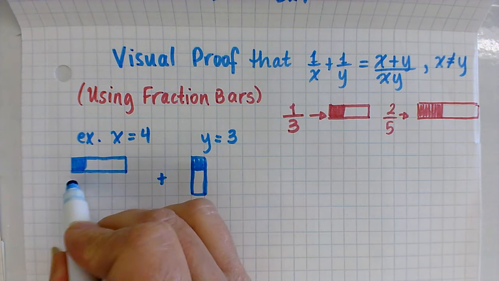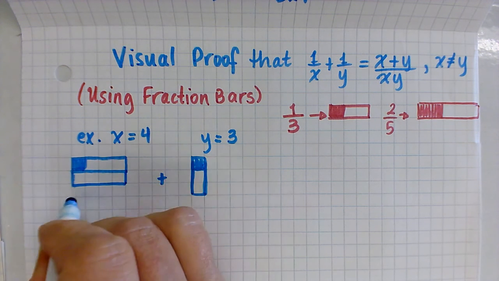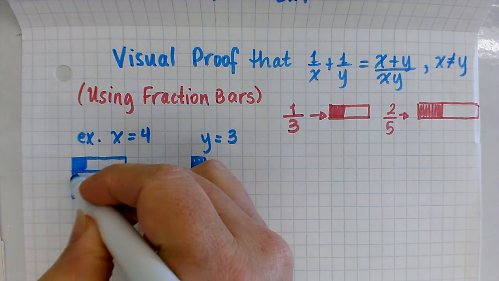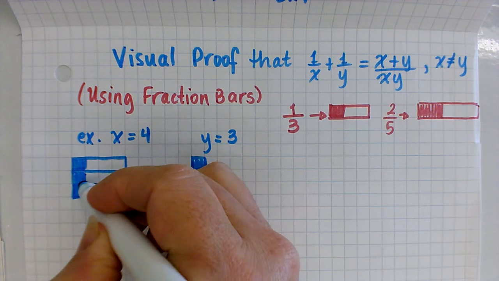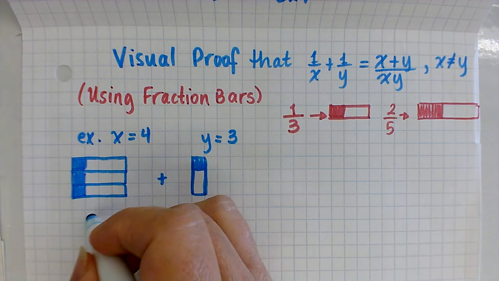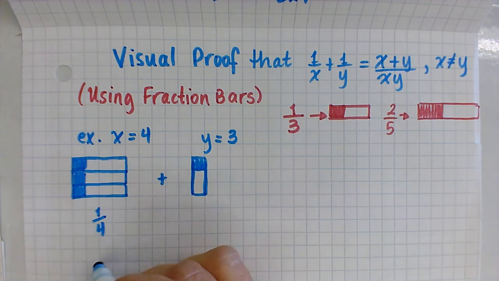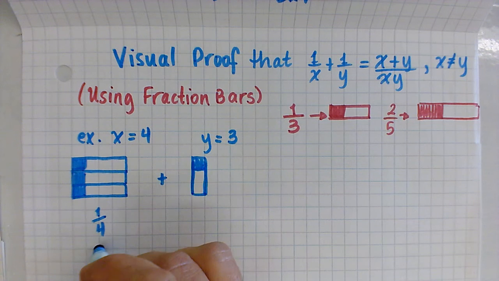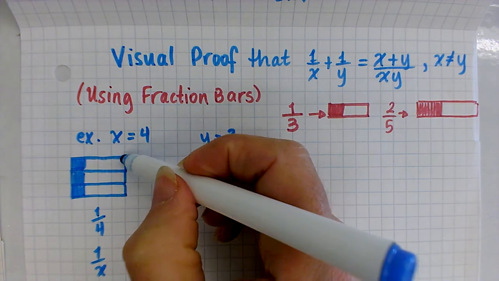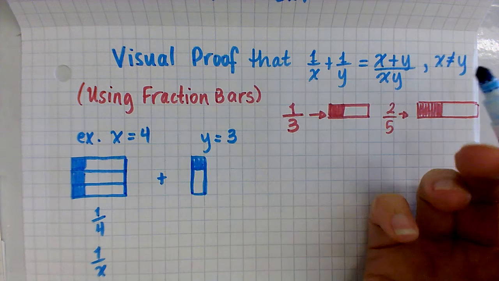So if I duplicate the 1/4 a couple of times, like this, I still have a model that represents the value of 1/4, which in this case is my 1 over x, but it contains 12 squares altogether, 3 by 4.